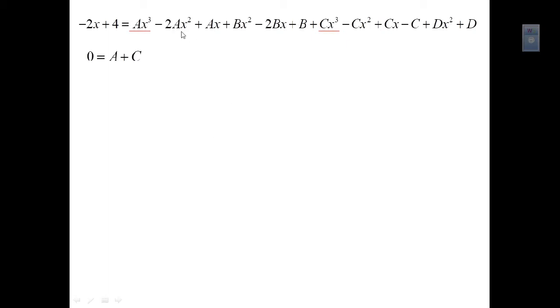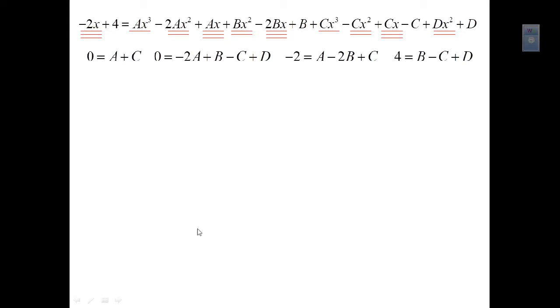Negative 2ax squared plus bx squared minus cx squared plus dx squared, also, since there's no x squared term over here, has to equal 0. And you would keep going all the way through and get those equations. So ax minus 2bx plus cx is equal to negative 2x, and then you would do your constant, of course.